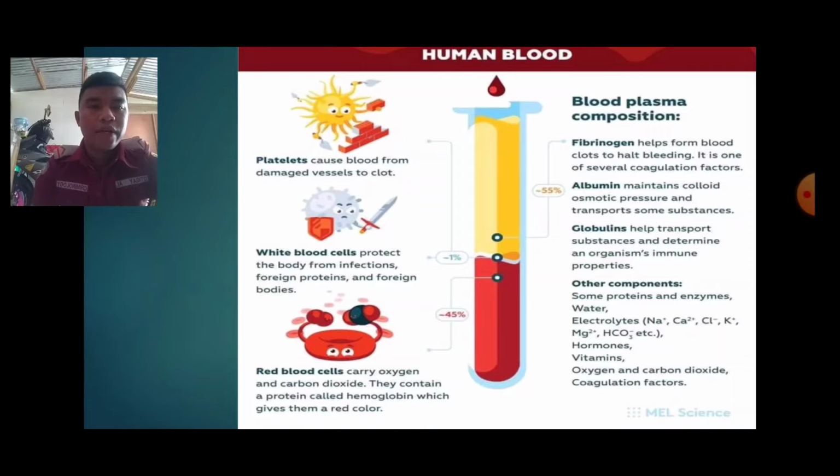Globulins help transport substances and determine an organism's immune properties. Other components: some proteins and enzymes, water, electrolytes, Na, Ca2, Cl, and K, Mg2, HCO3, hormones, vitamins, oxygen, and carbon dioxide, coagulation factors.